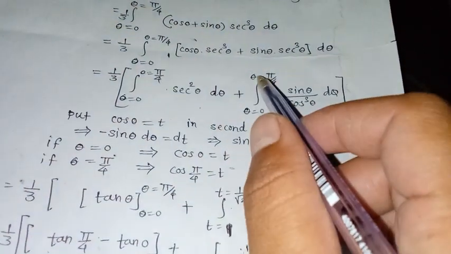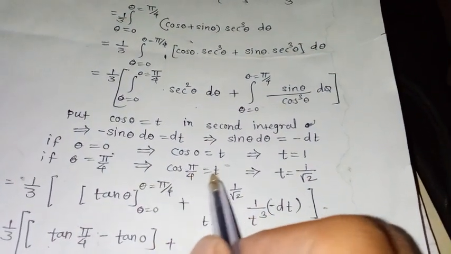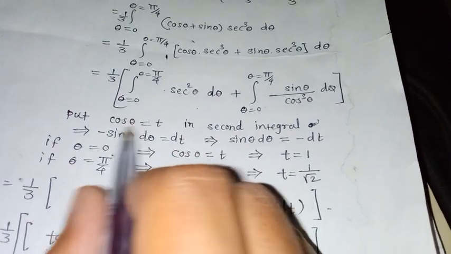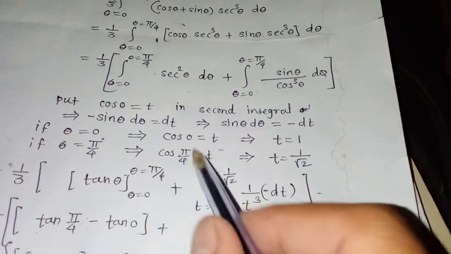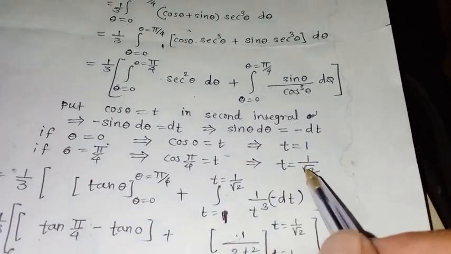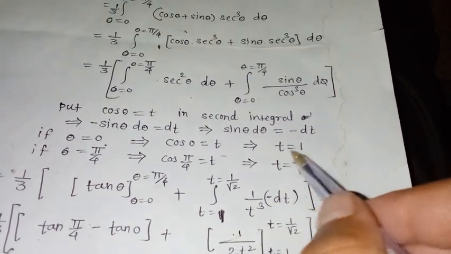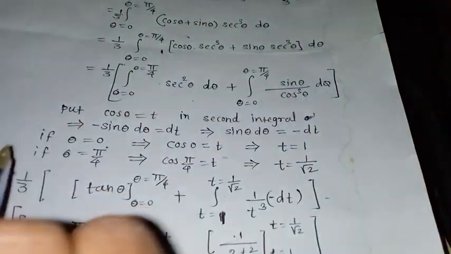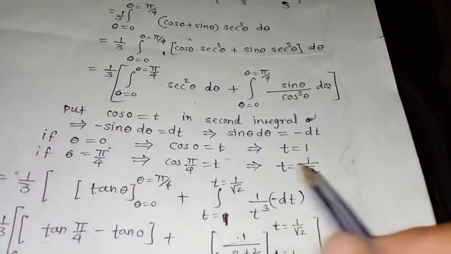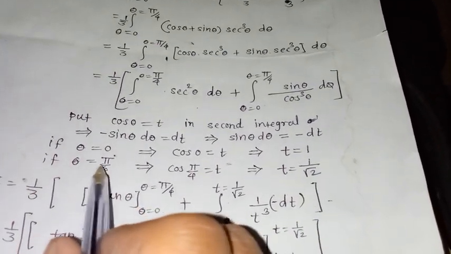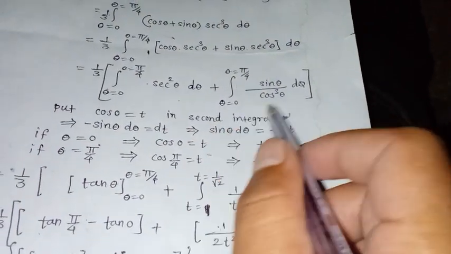And now if I put the upper limit, that is theta equals pi by 4, then cos of pi by 4 equals t, and we know that the value of cos pi by 4 is nothing but 1 by root 2, therefore t equals 1 by root 2. So t equals 1 is the lower limit corresponding to theta equals 0, and t equals 1 by root 2 is the upper limit corresponding to theta equals pi by 4. Now we are applying this substitution only for this second integral.